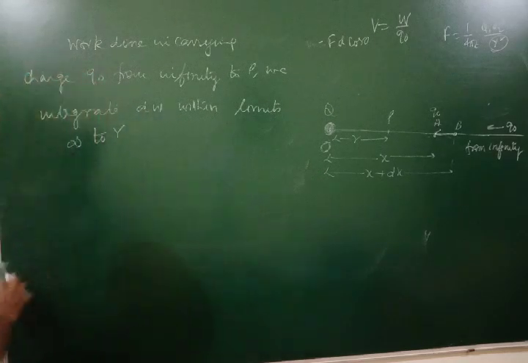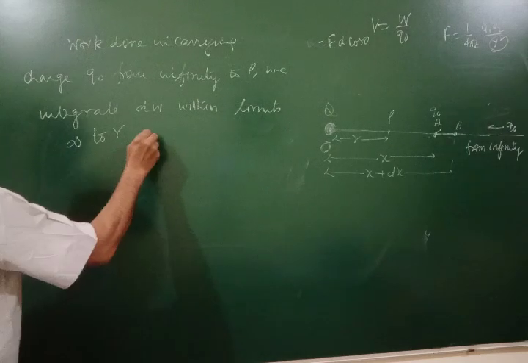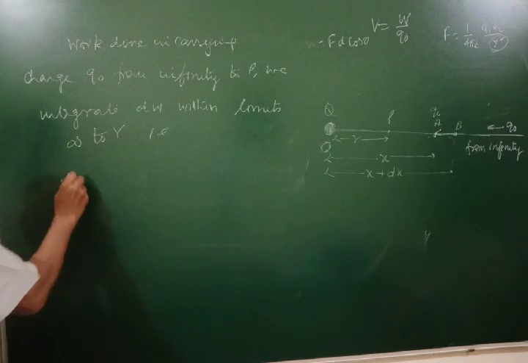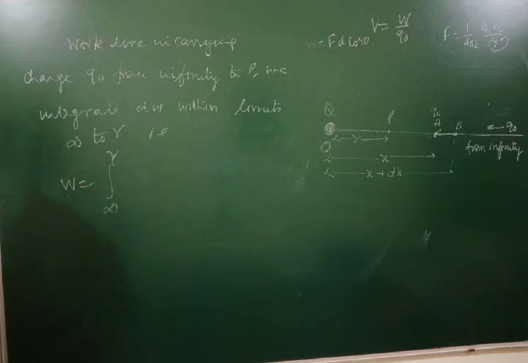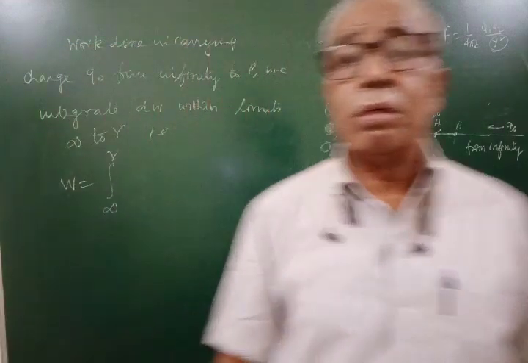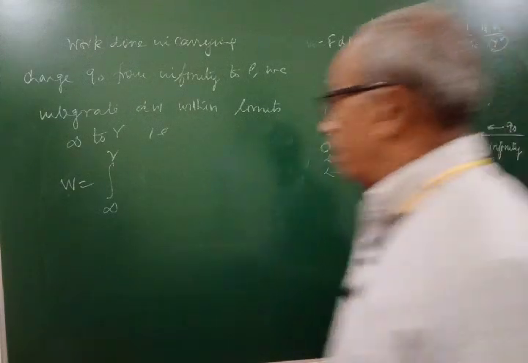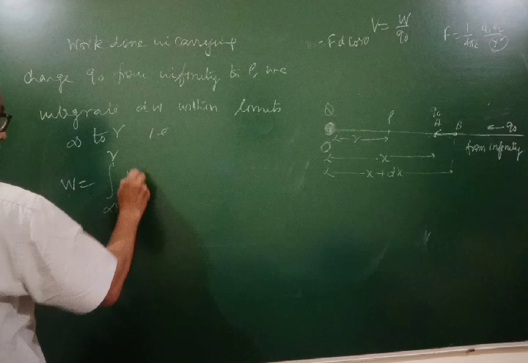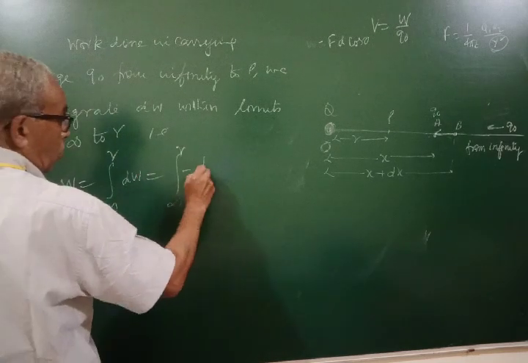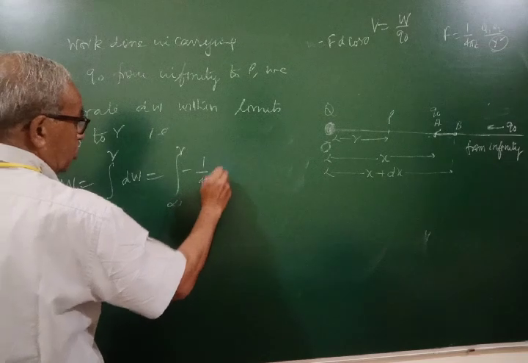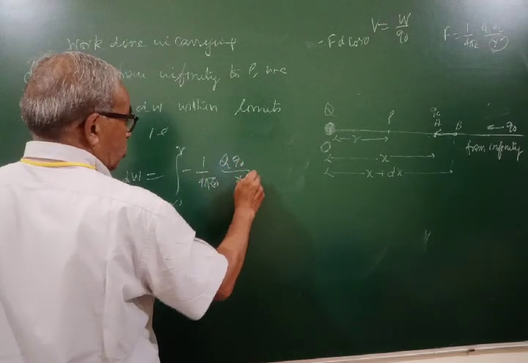That is, W, the work done in carrying charge Q0 from infinity to P, is equal to the integration from infinity to r of dW, which is the integration from infinity to r of minus 1 upon 4 pi epsilon 0 Q Q0 upon x square dx.